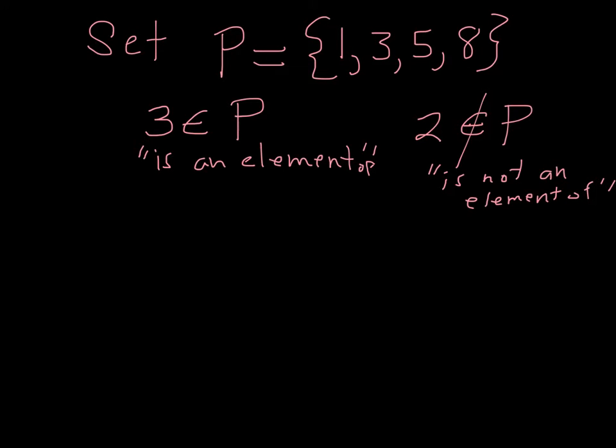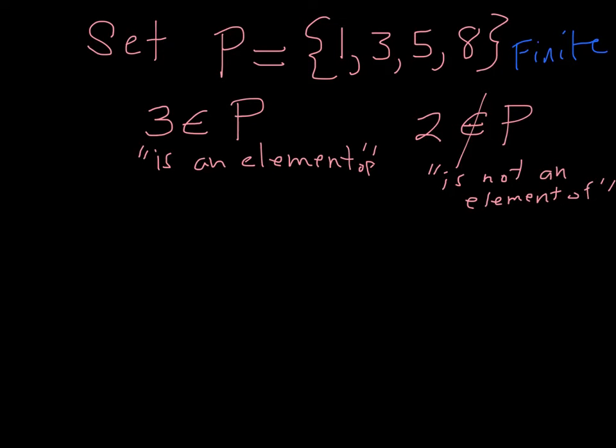This set, because I can list all the things that are in that set, has a descriptor that we call a finite set, because I can list all the members in that set.